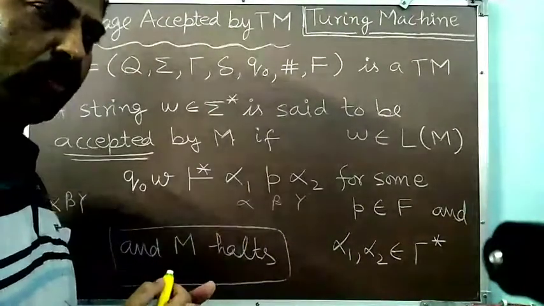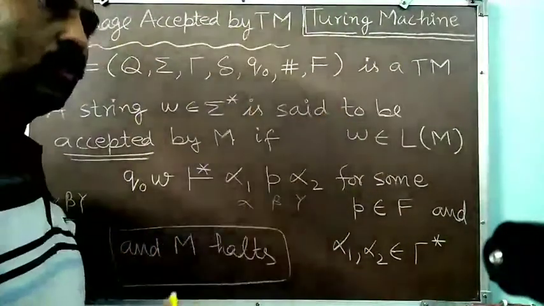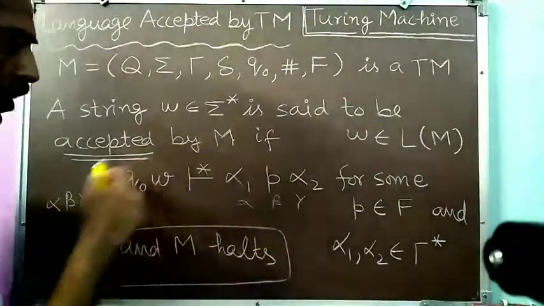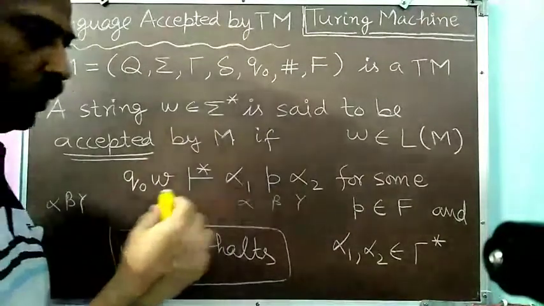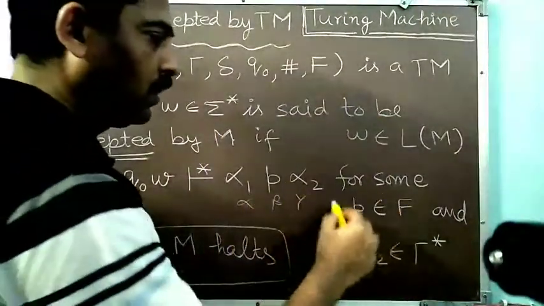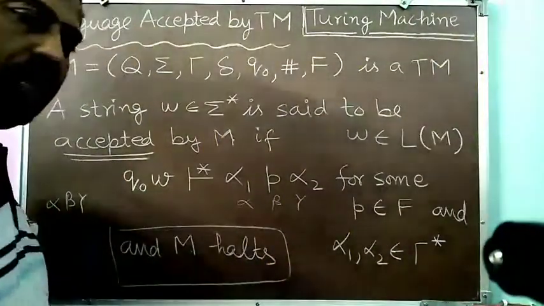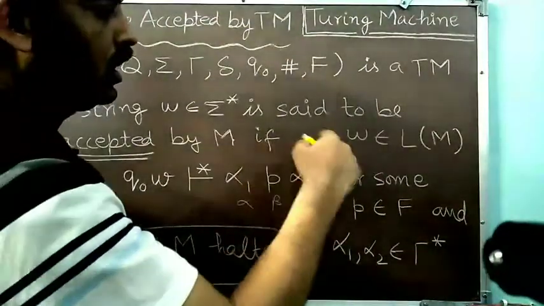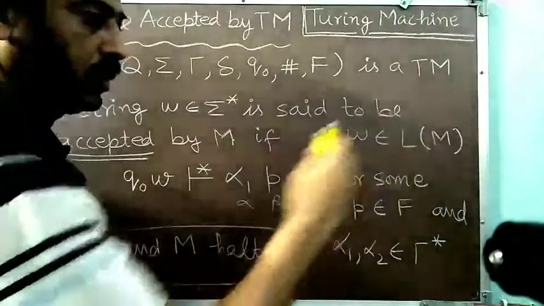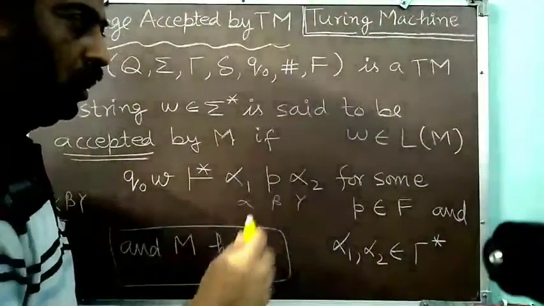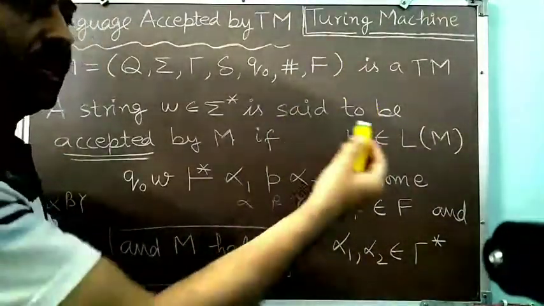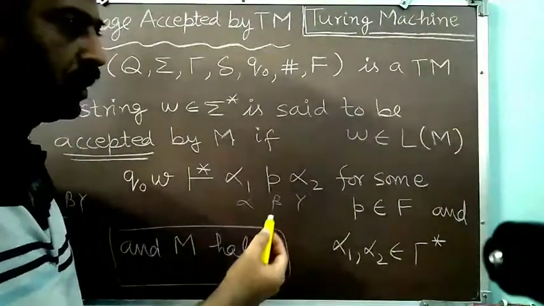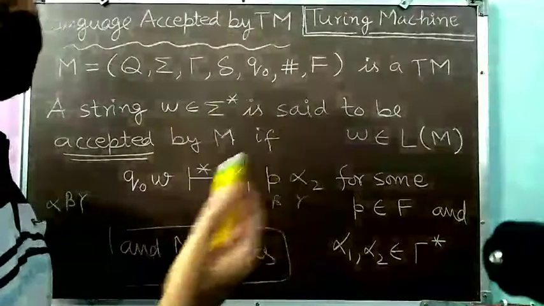In a finite automaton also, when our input string is fully processed, there is the concept that we reach a final state and the machine halts. There also the machine was halting after the full processing of the input string. If it was halting in a final state, then the string was accepted. If it was halting in a non-final state, then the string was rejected.